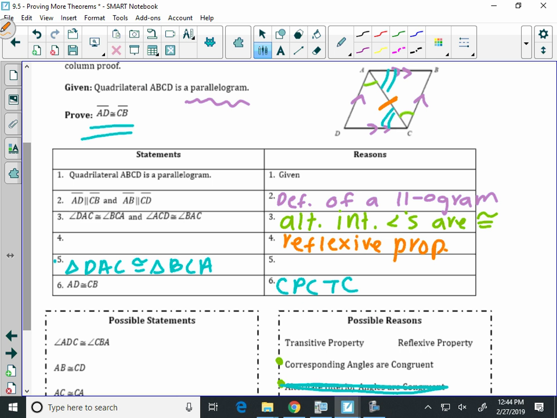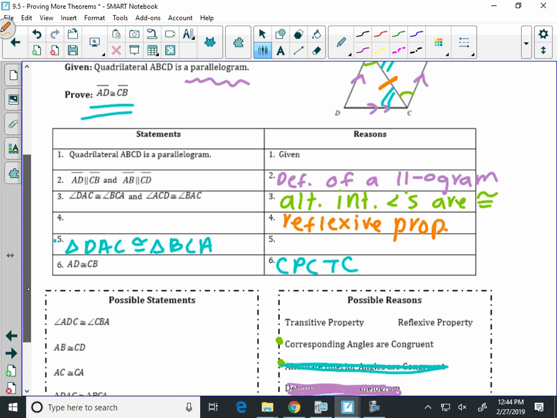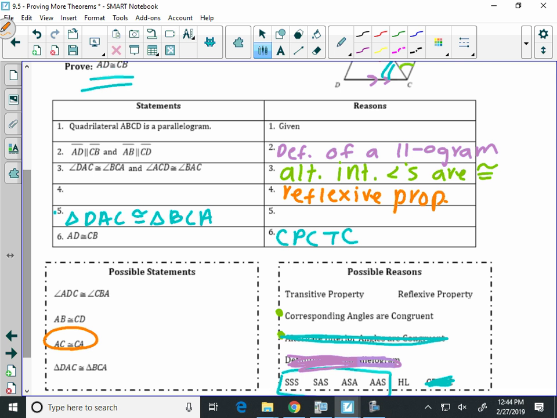Well, what is the shared side? AC. This one, I know it's flipped. Sometimes you flip it because the shared side is diagonal, so you flip the direction. But that has AC, that has AC, that's the same thing. The letters are just flipped.